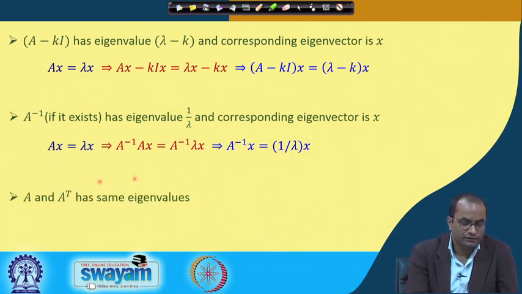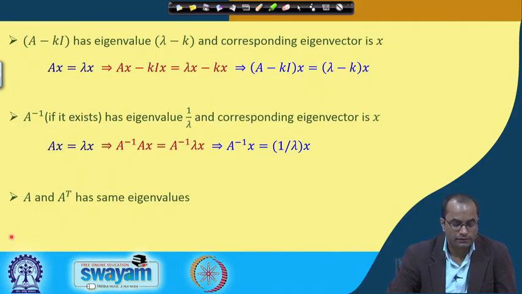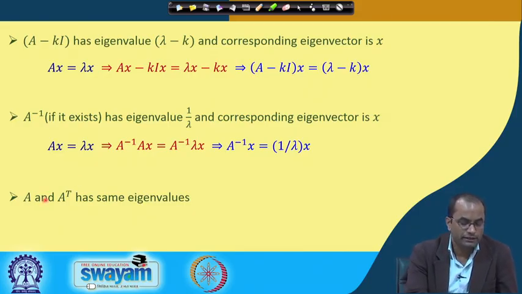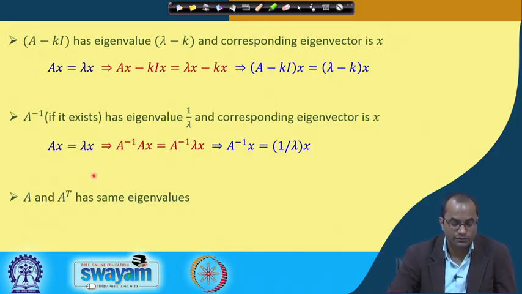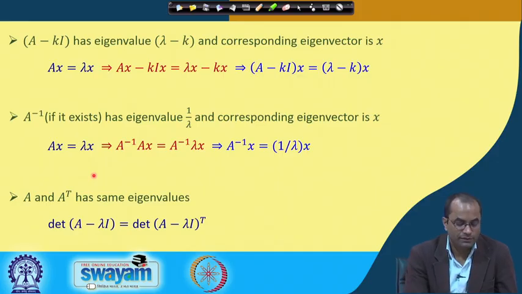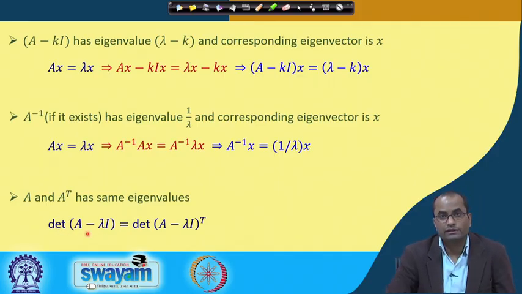So, A and A transpose have the same eigenvalues, which we can again easily see, because the determinant of A minus lambda I, that is the characteristic equation, actually gives the eigenvalues.